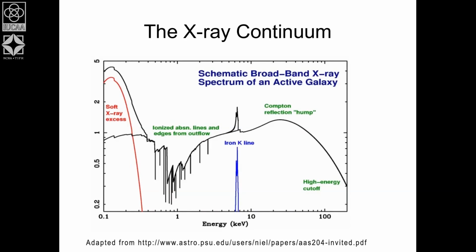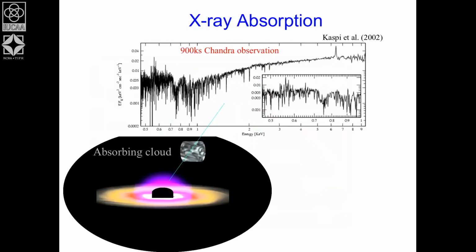I'm not going to go into very much detail, but just to explain a few things, why there are so many absorption features. This is a real spectrum, nearly 900 kiloseconds, roughly 10 or 11 days of continuous observation with the Chandra Observatory by NASA, and you see a huge number of absorption features.